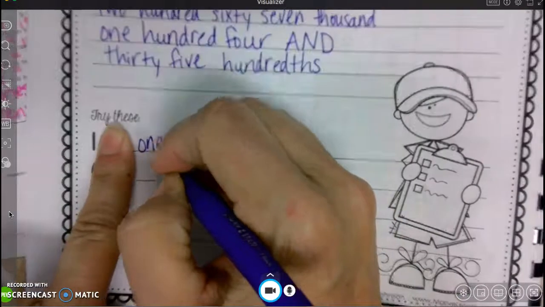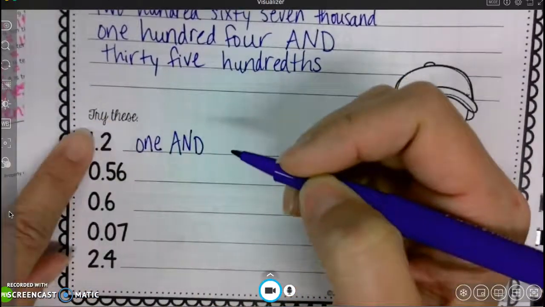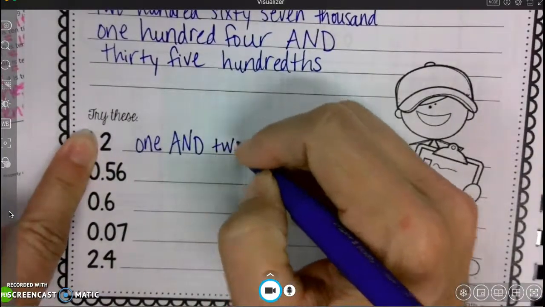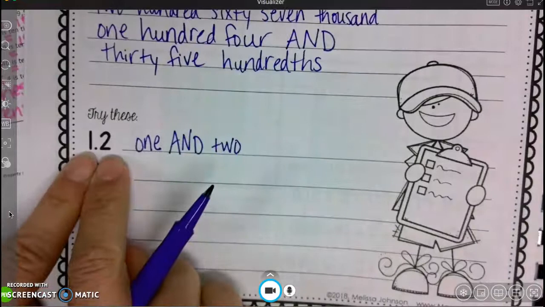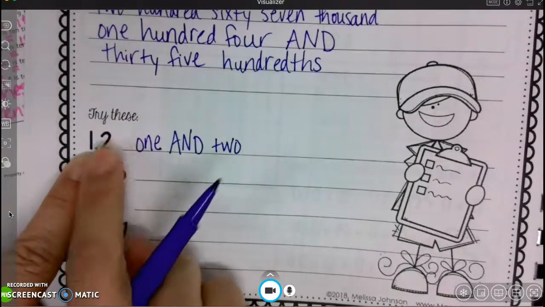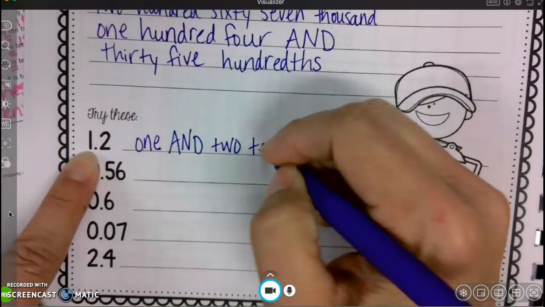Good. And then when you get to the decimal, what do you say? And then say what's after the decimal. What's after the decimal? 2. And what place value position is that 2 in? Tenths with a THS, so it'd be 2 tenths.